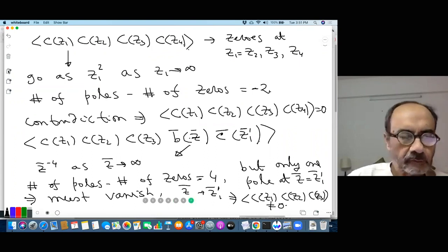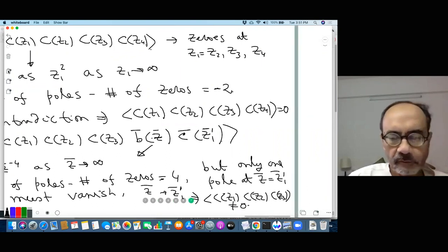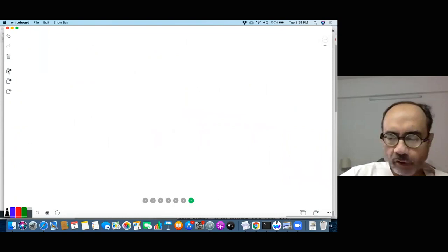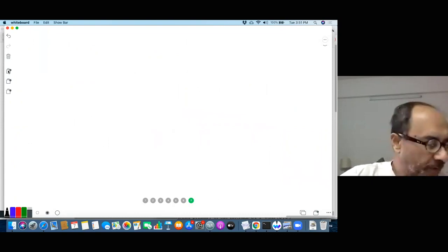So in this class, the non-vanishing correlation function that satisfies all the consistency conditions is the following.